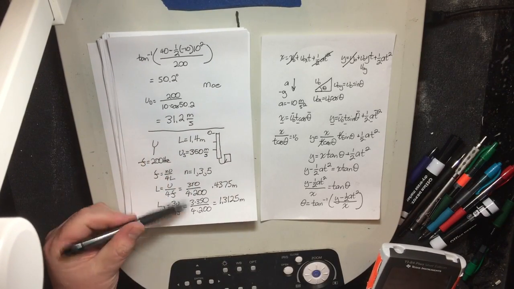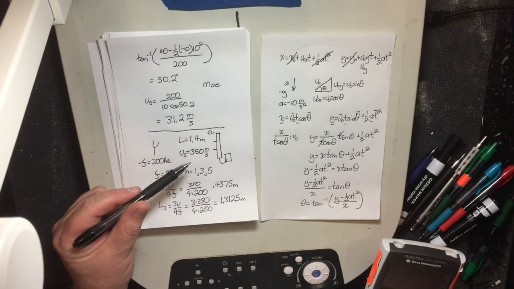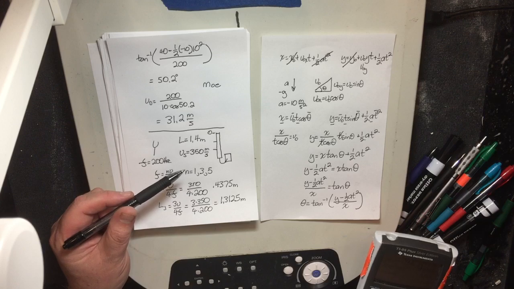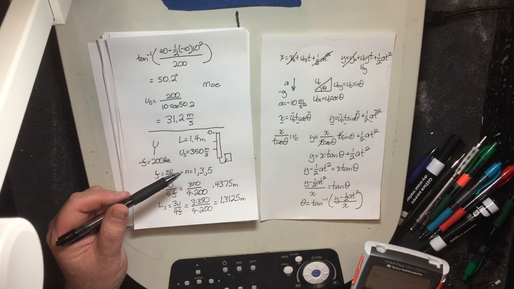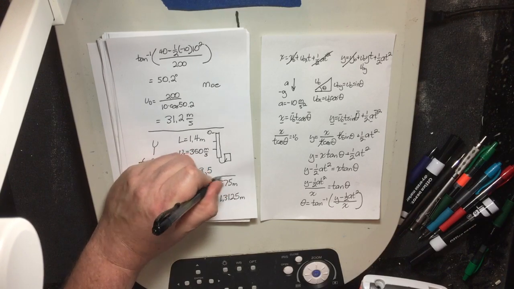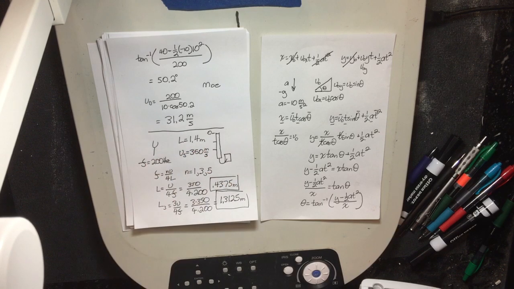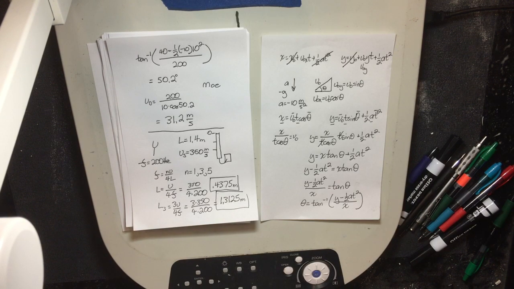If you put a 5 there, you would get a number that's bigger than 1.4, which means that harmonic is impossible. So the answer: there are only 2 lengths where this will work, 0.4375 and 1.3125. And you can round, that's fine, probably to the nearest centimeter. And so that's problem 5.